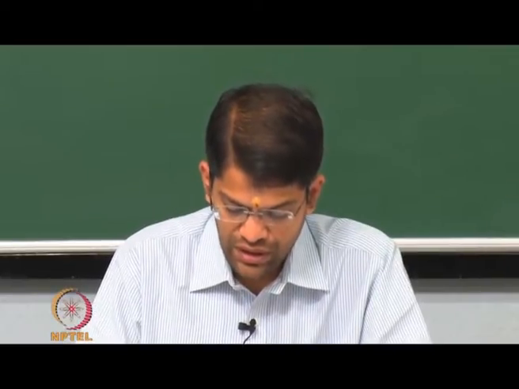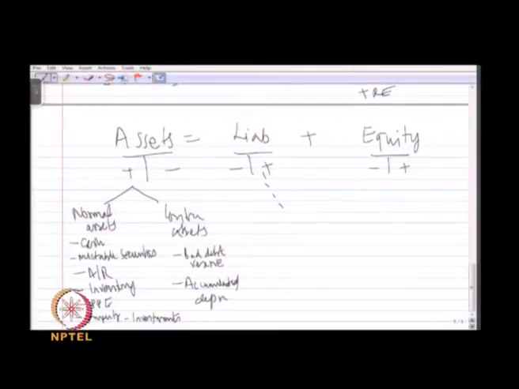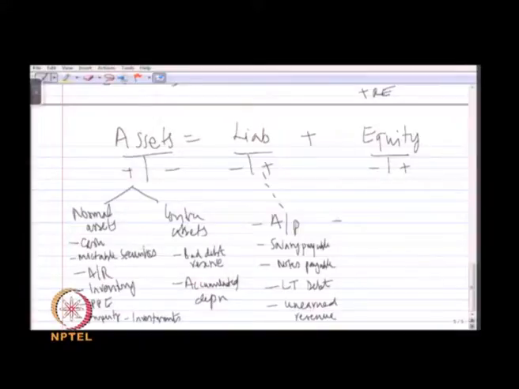Likewise, your most commonly used liability accounts will be your accounts payable, salary payable, notes payable, I am talking about current liabilities, short term liabilities or long term debt, unearned revenue, then it could be even your dividends or tax payable.